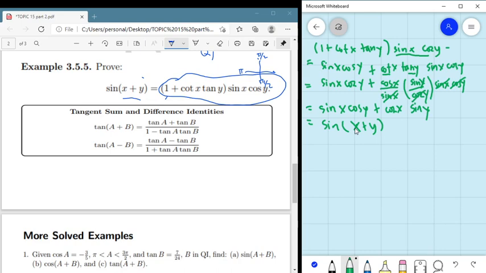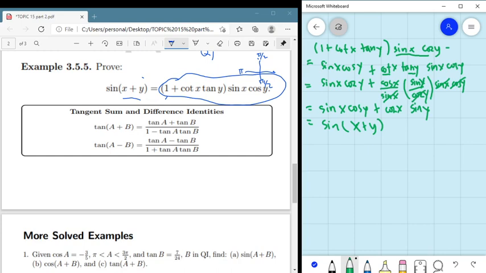And we have also the tangent sum and difference identity. The tangent of A plus B is the same as tangent A plus tangent B all over 1 minus tangent A tangent B. While tangent A minus B is the same as tangent A minus tangent B over 1 plus tangent A tangent B. So kung plus gani na dire, plus ang numerator minus ang denominator, and minus then plus.